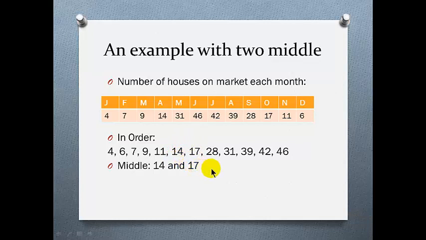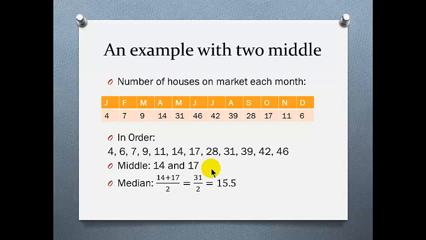Well, we can't have 2 medians, so what we'll do is add those values together. 14 plus 17 is 31, and divide by 2 to get 15.5. And so we'll say half the time there's more than 15.5, and half the time there's fewer than 15.5 houses on the market.